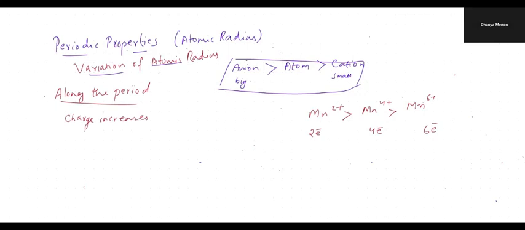When charge is increasing, what's happening to the radius? Radius will decrease because the nucleus will pull the outer electrons towards itself. If along the period it is decreasing, what happens down the group? It will be the opposite. Radius will increase.